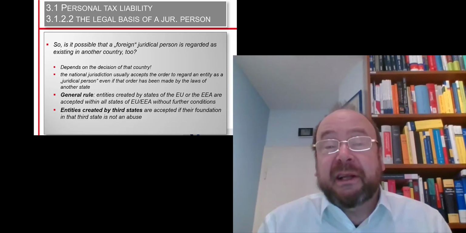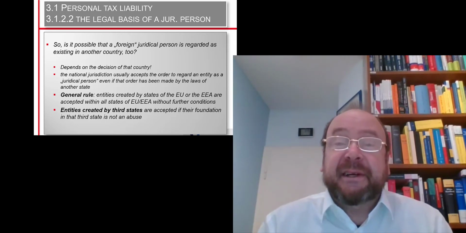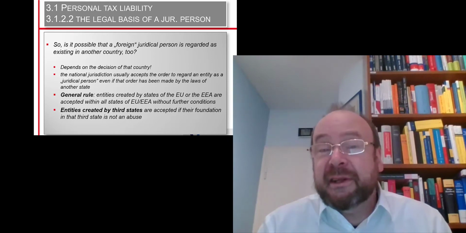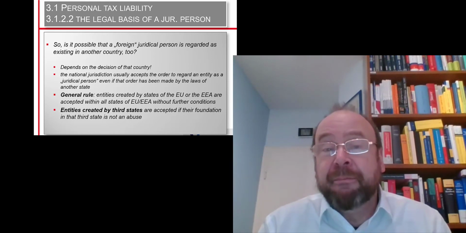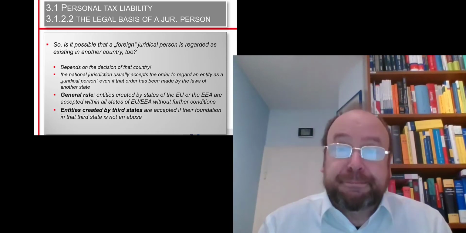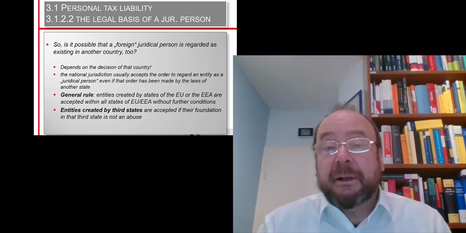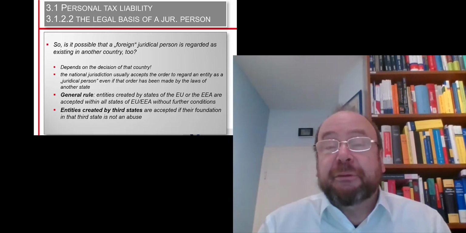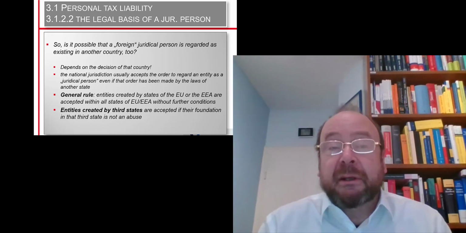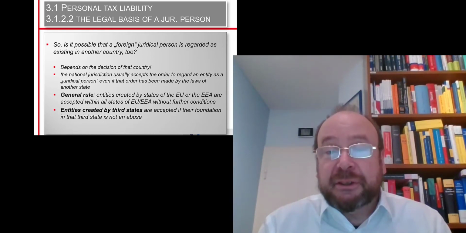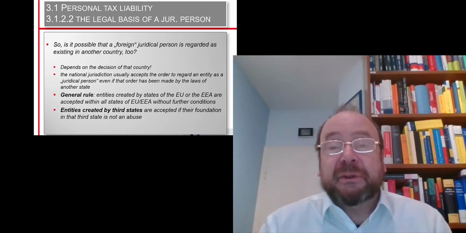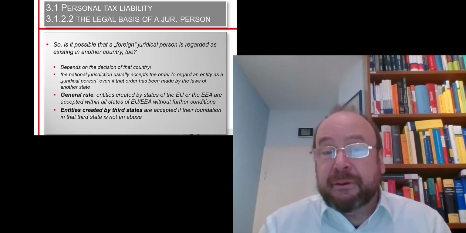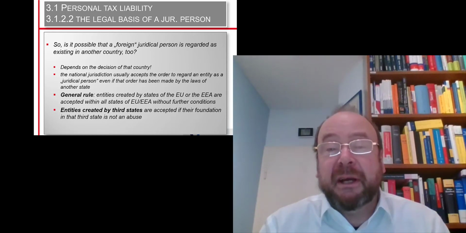There is only one red line. For example, if a state has the idea that the establishment of a foreign company is a kind of abuse, so if they think it's not morally justified to accept the existence of that foreign company. For example, imagine you are a German and you intend to set up a shop in Germany. Now, to establish a GmbH, for a long, long time you needed a minimum capital of 25,000.